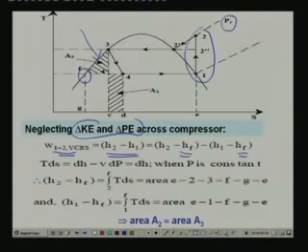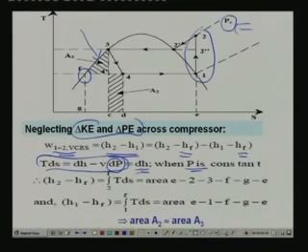That means the process 2 to F is an isobaric process at pressure PC. Using the thermodynamic relation TdS equals dH minus VdP, if you apply it to the process 2 to F, you will find that this is equal to dH because dP is equal to 0 for an isobaric process. So TdS is equal to dH when P is constant.